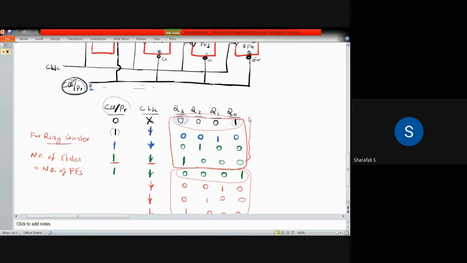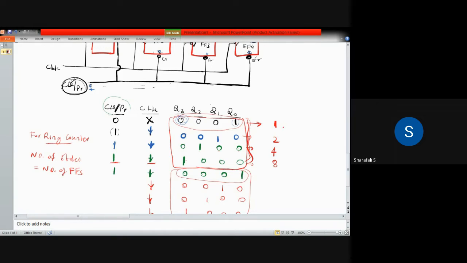So what are the decimal values of these counters? This is nothing but 1, and this one is nothing but 2, and this is 2 raised to 0, 2 raised to 1, 2 raised to 2, so this is 4, and this one is 2 raised to 3, so this is 8.